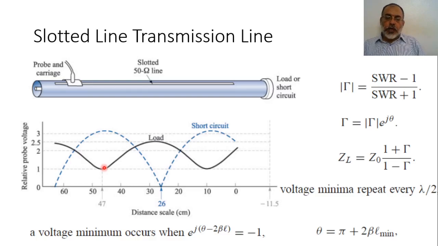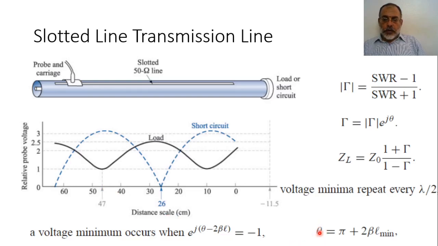So the condition for the minimum value is that theta minus 2 beta L equals pi, or in other words, theta, the phase of the reflection coefficient, equals pi plus 2 beta L minimum, where L minimum is the distance or the difference between the minimum of the short circuit and the first minimum of the load.